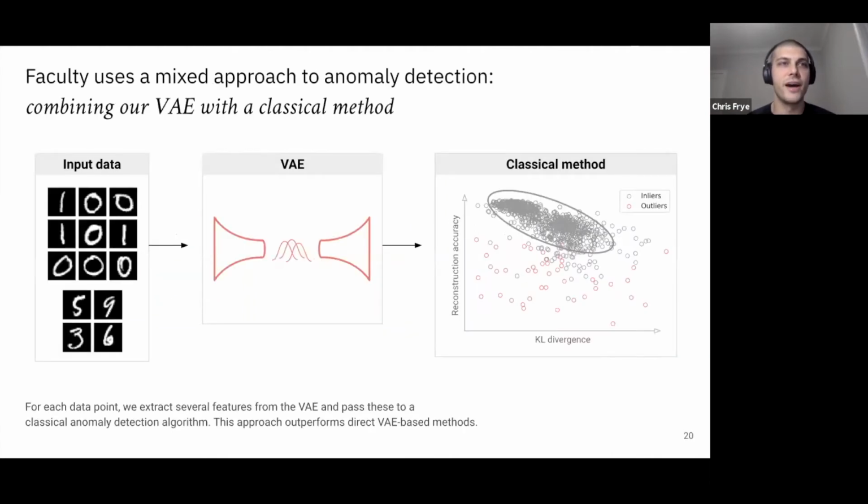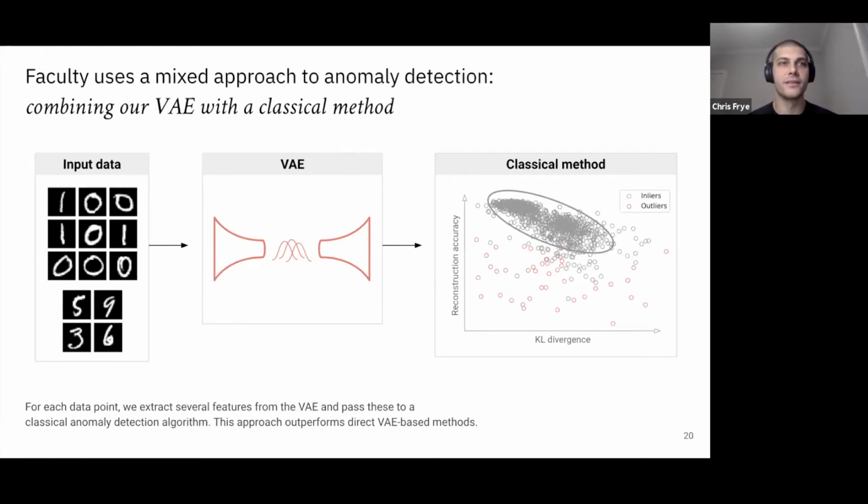Okay, and in fact, we found in our own experiments that using the VAE in a mixed approach actually achieves the best anomaly detection performance. So the way this works is that for each data point, we extract several features from the VAE. On the slide, these extracted features are shown as reconstruction accuracy and the KL divergence, but in reality, there are about 10 of them in all that we extract.